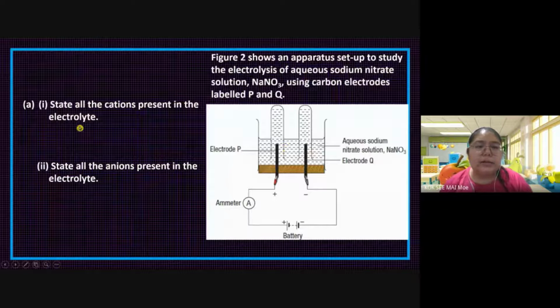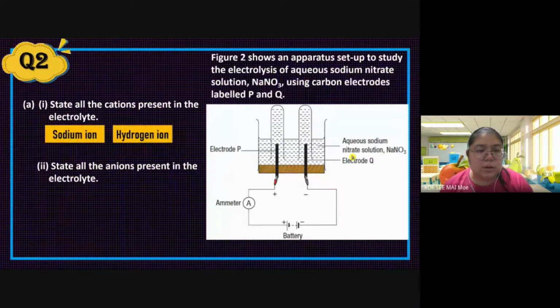Now state all the cations present in the electrolyte. Cations means positive ions. So you see the diagram. Sodium nitrate: sodium is positive, nitrate is negative. After that they have hydrogen and hydroxide.